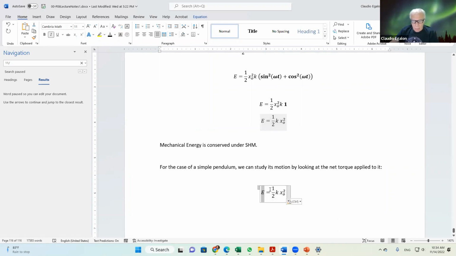We go tau, mg, right? But wait a minute, the torque that the weight is applying to the pendulum is going to be a function of the cosine of theta, right? Take a look here at my drawing.